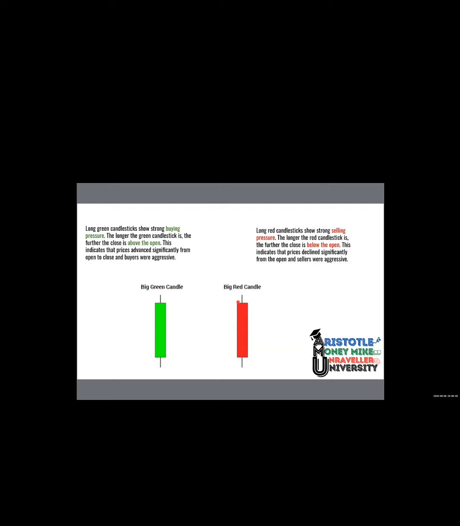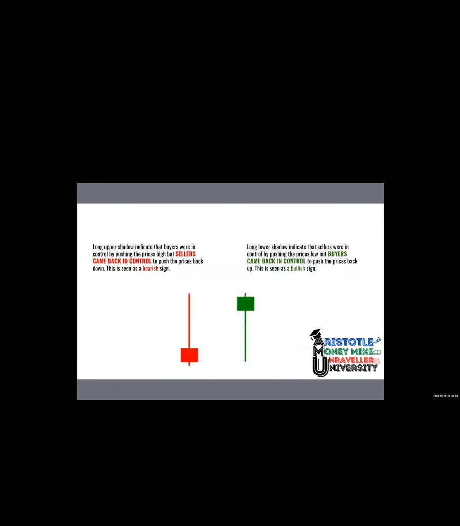But in reality, volume really tells you the pressure of the candlestick, because sometimes stocks can move on low volume but have a green candlestick with low volume. So you need to pay attention to volume more so than anything when it comes to pressure. But 9 times out of 10, if it's a big green candlestick, it'll have nice volume to back it up.